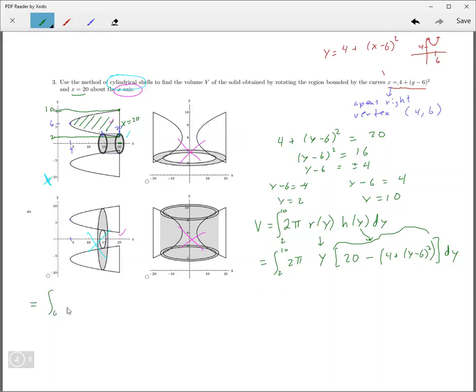Okay, let's continue over here. So you're integrating from 2 to 10, 2 pi y. And this is 20 minus 4. So I'm distributing that minus into there. If we expand all this out, we get y squared minus 12y plus 36.